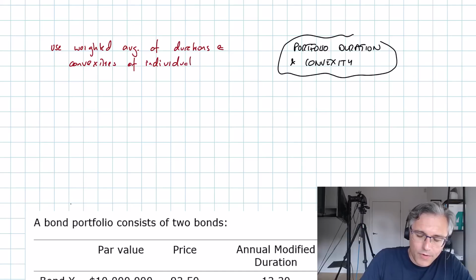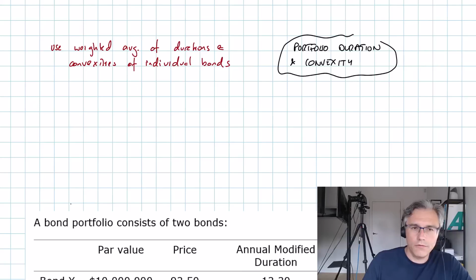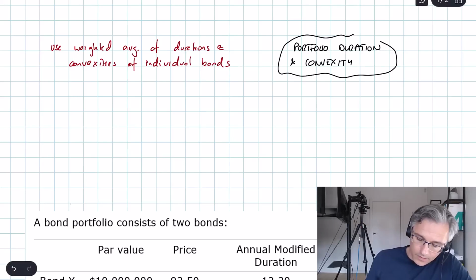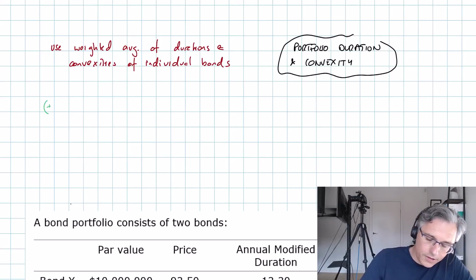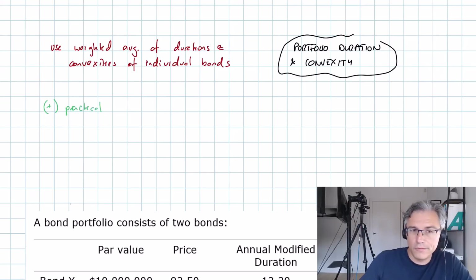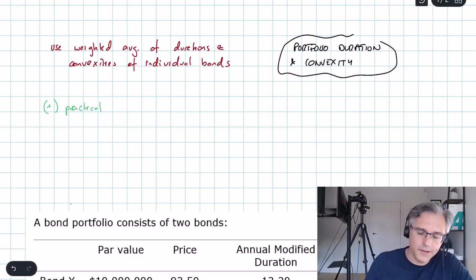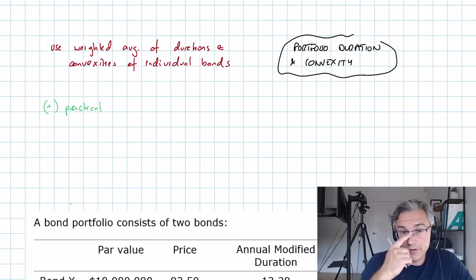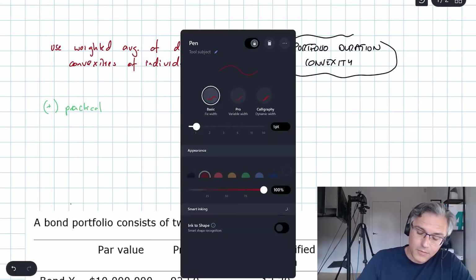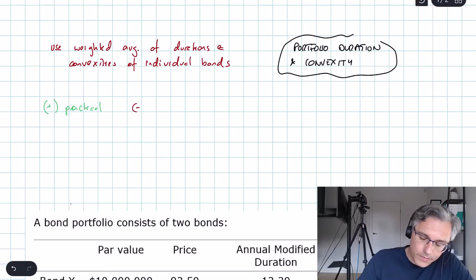And when it comes to the weights, we will be weighing things by market value, which is important because there may be, let's say, a propensity to use par values. Don't do that, use market values of the individual bonds. Now, the benefit of doing this is that it is practical. A lot of people use this, out of real life bond fund managers do this. However, please be aware of the drawback of this approach.